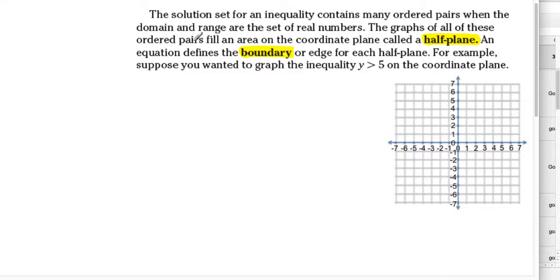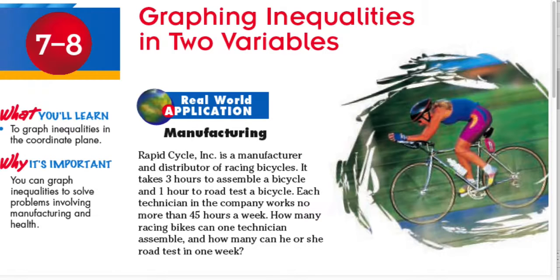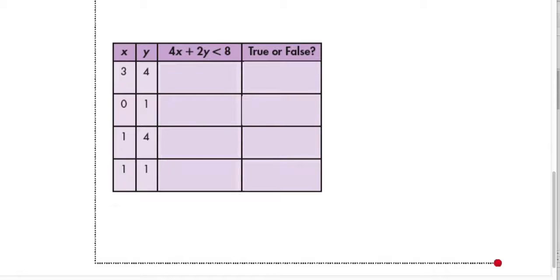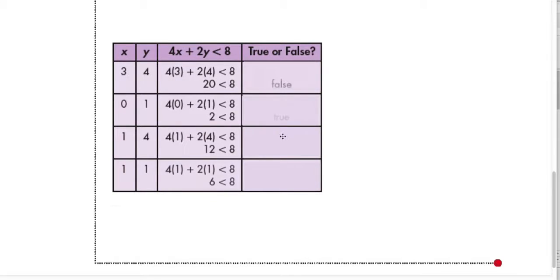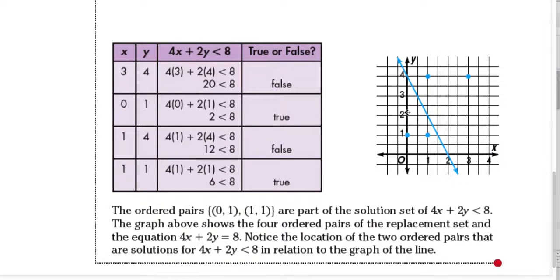Going back to our original problem, this becomes our inequality. It says here that you have two points that make the inequality true, (0, 1) and (1, 1).